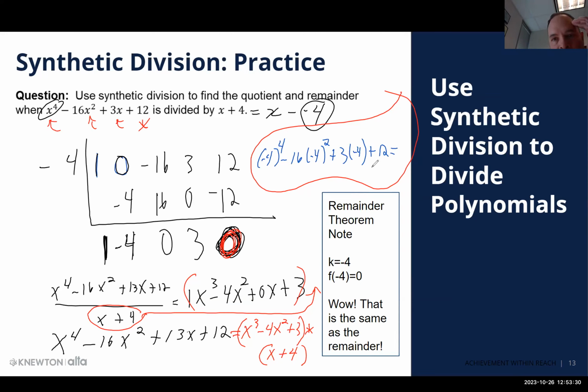Let me work backwards because I've got this big number I've got to work with. I've got a 12, I've got to add a -12 to it, so it's going to be 0. -4 squared, it turns out I did the quick check in my head. You get the same answer on those, which I believe is 256. And so indeed you get a 0, which is the same as that 0.